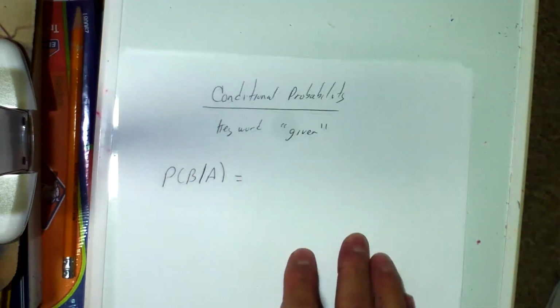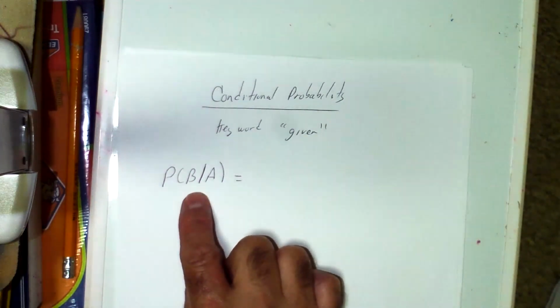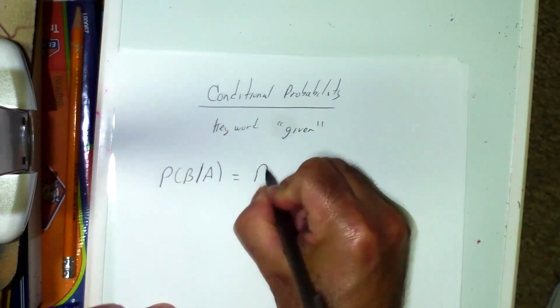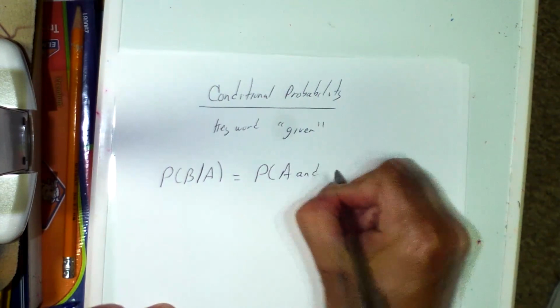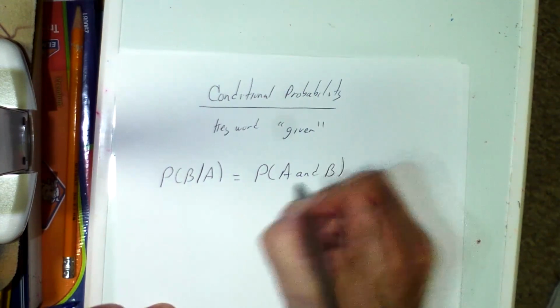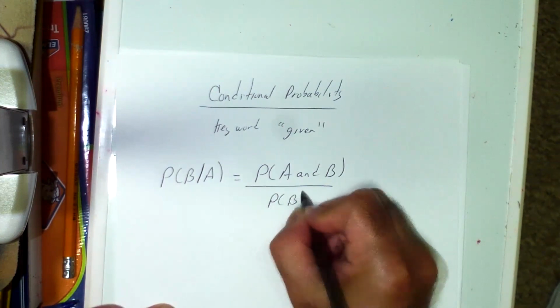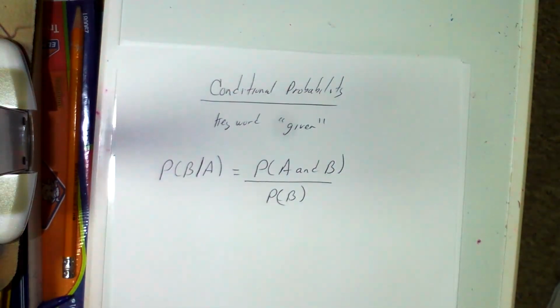All right, so let me give you the formula for it. The probability of B/A is equal to the probability of A and B divided by the probability of B. So there's our formula.